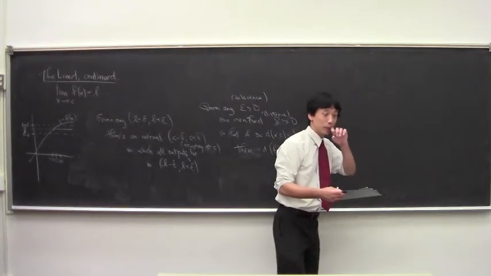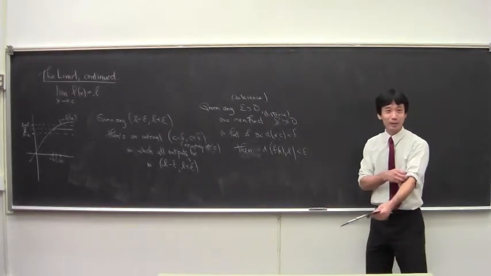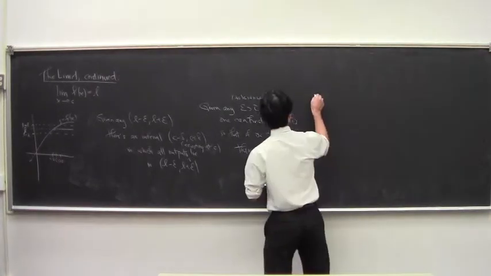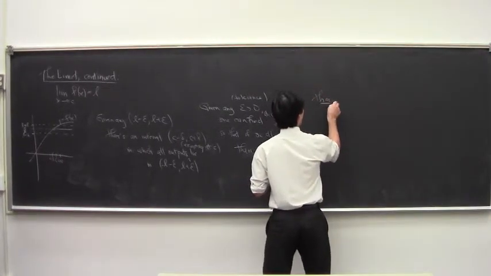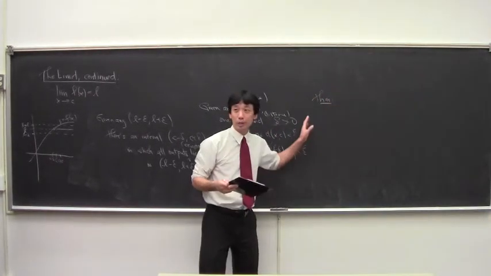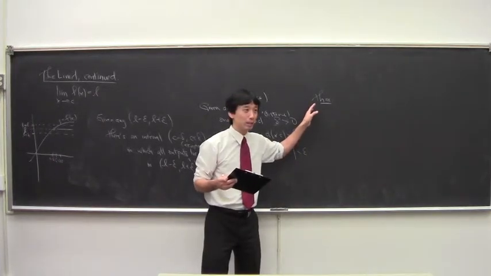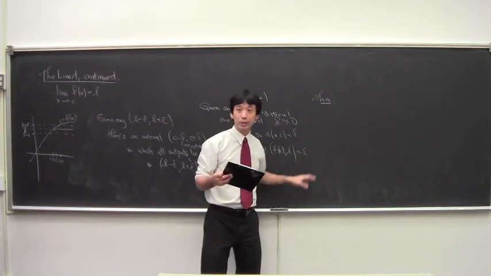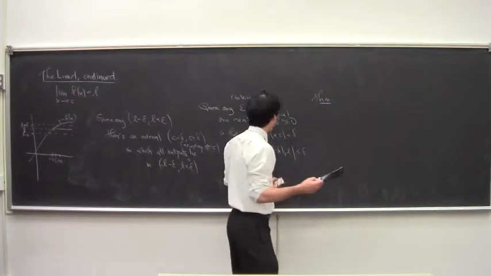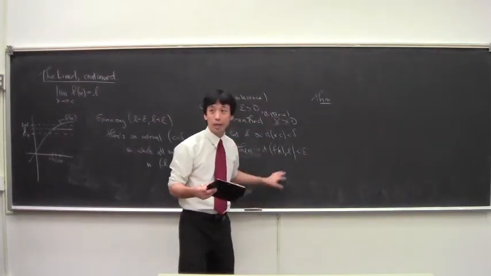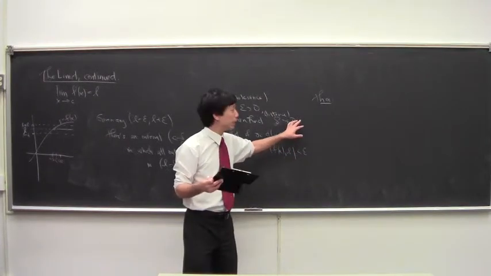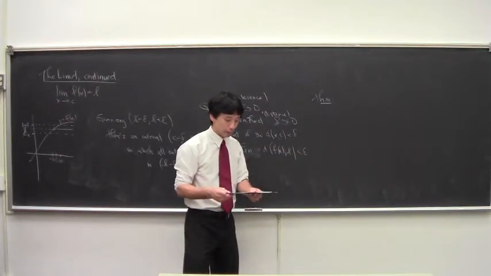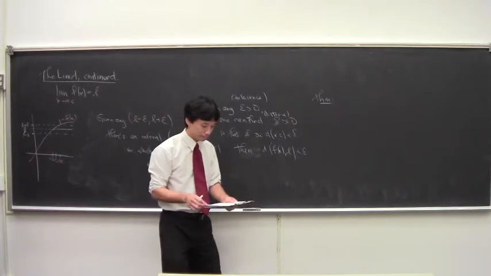Okay, so I think now you're starting to be in the right mood. We're going to talk about one of the statements that we gave last time, and we're going to do it in detail, just to show you how the limit definition works.